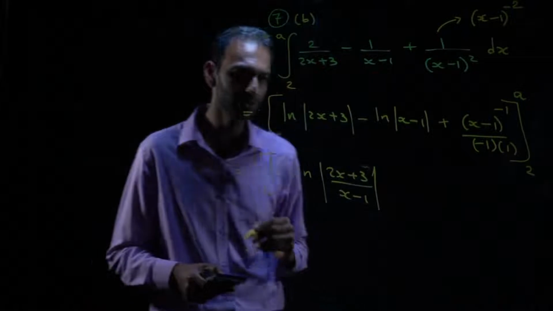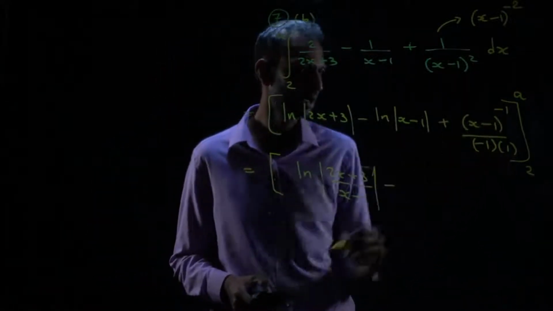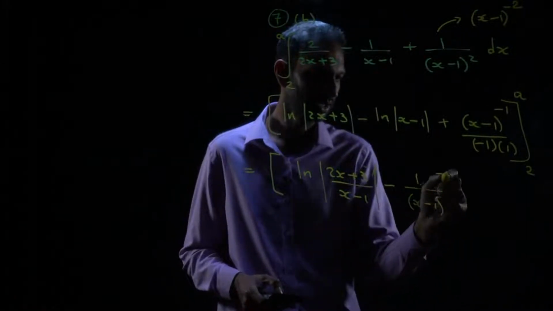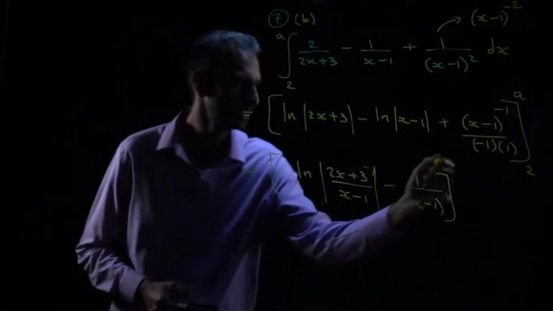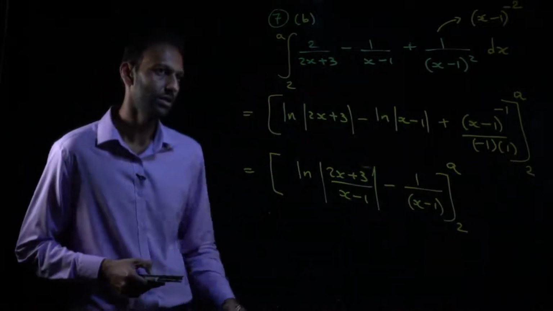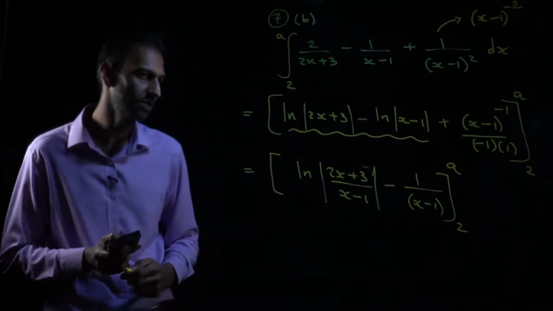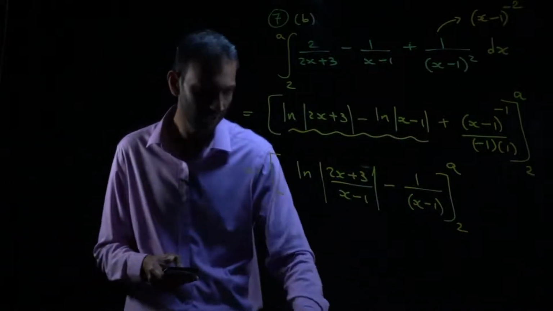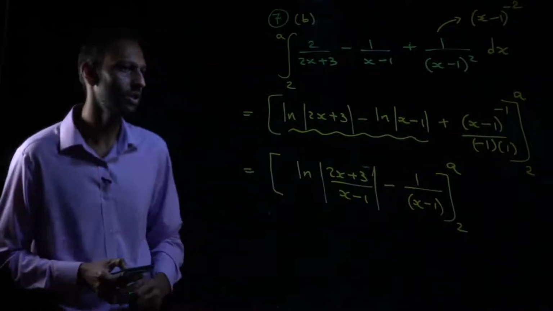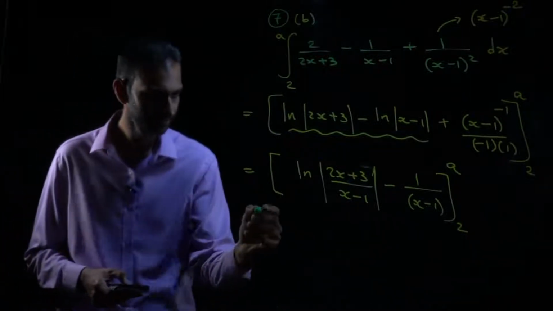Why do we put modulus? Because ln cannot take negative values. Then, rearranging the second term, it would be minus 1 divided by x minus 1, with the upper limit a and the lower limit 2. So here I'm just using ln of A minus ln of B is ln of A over B, and rearranging the second term, which is 1 divided by x minus 1.